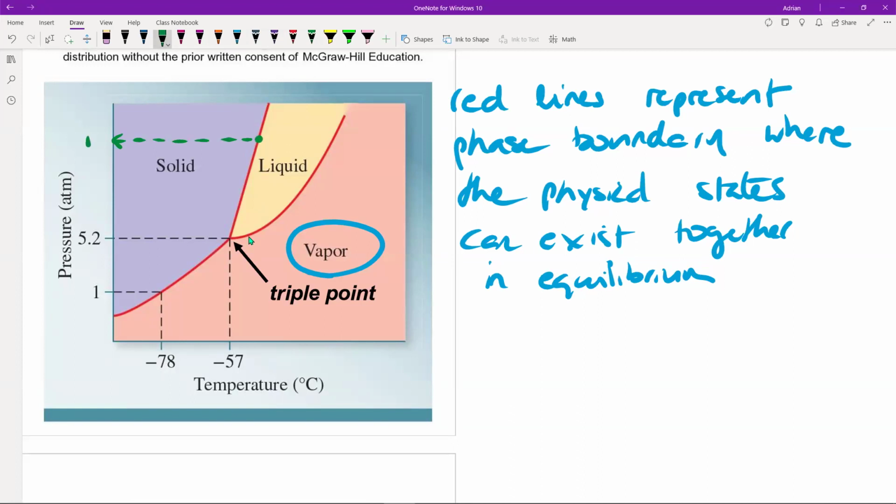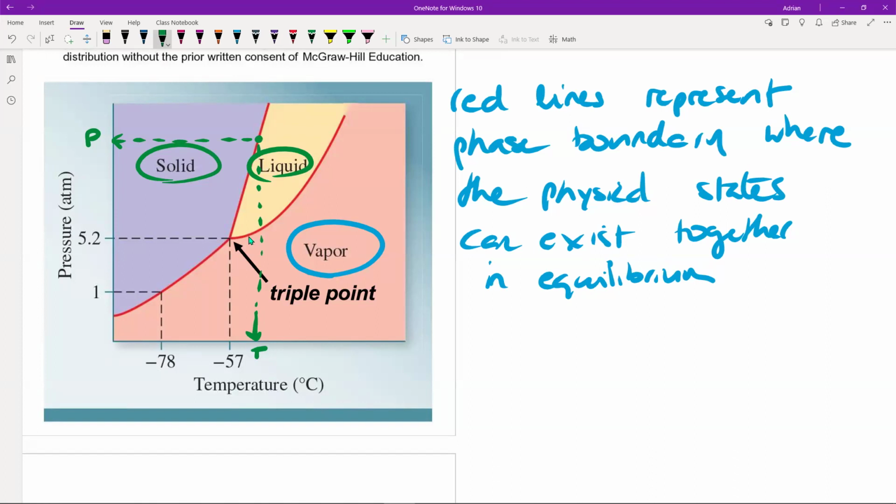So whatever this pressure is, we call that P, and then whatever this temperature is, we call that T. That's the pressure and the corresponding temperature at which the solid and the liquid can exist together. So in other words, going from the solid to the liquid, that's the melting point, and that will be the melting point at that particular temperature.